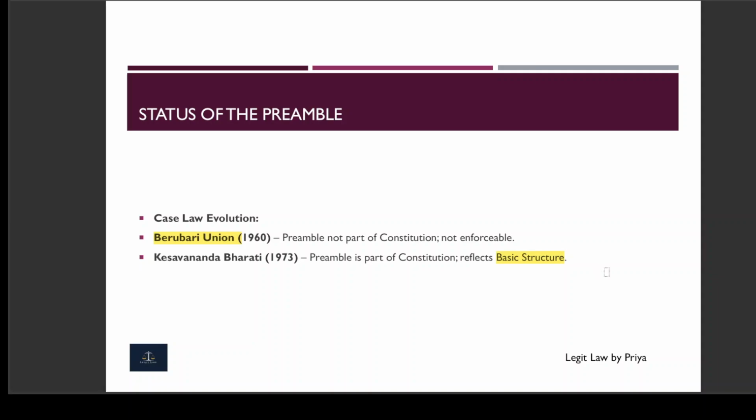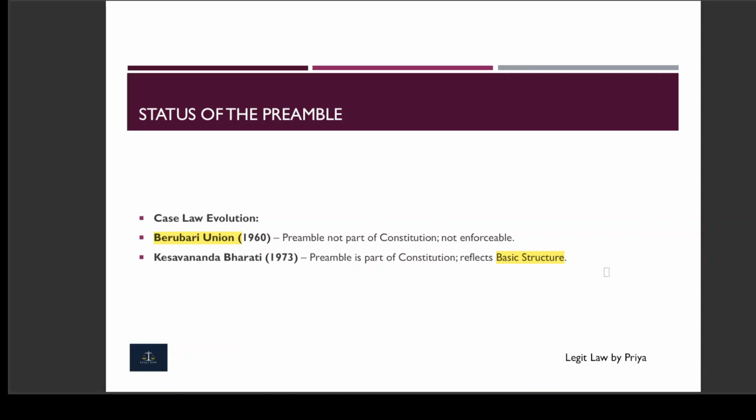That you can amend preamble as well as your constitution. They treated preamble as part of constitution, but they said that basic structure should be maintained and should not be disturbed.